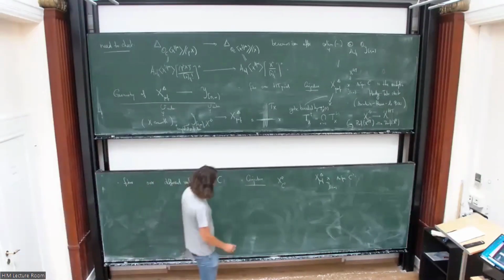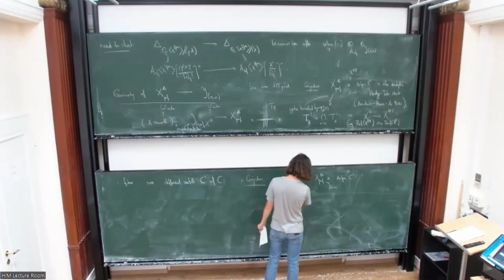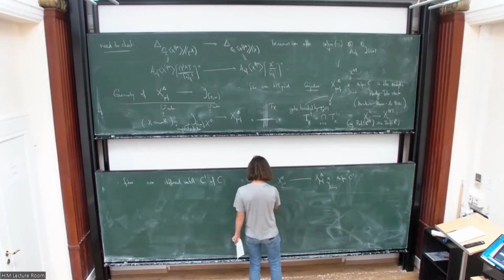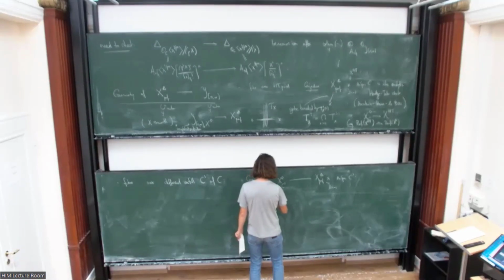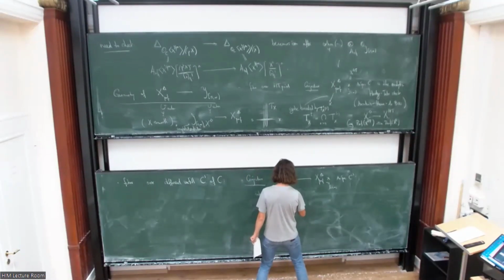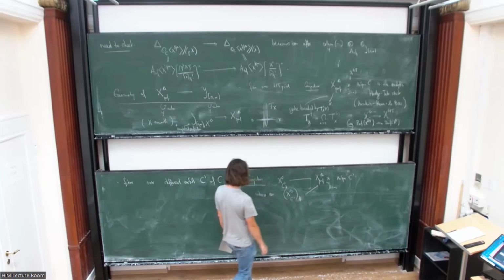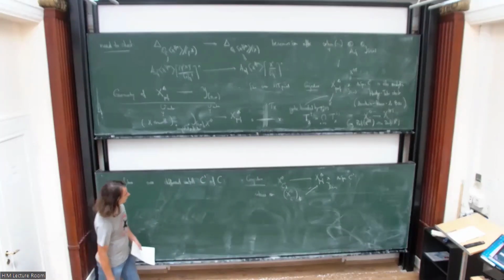Which you can also do. And then there's a map like so. And I conjecture that this induces an isomorphism in what one might call the RAM stack of the diamonds towards this guy.